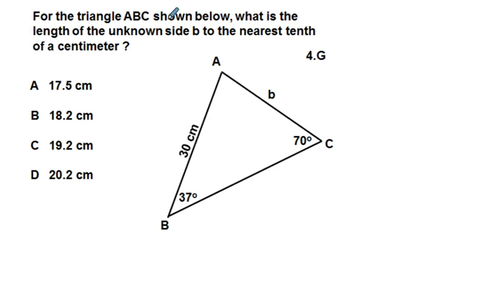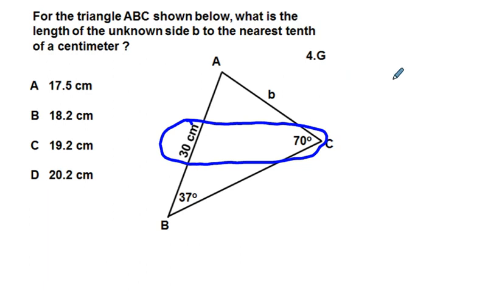For the triangle ABC shown below, what is the length of the unknown side b to the nearest tenth of a centimeter? What you're looking for is if you have a known side opposite a known angle, you have a situation where you can use law of sines.